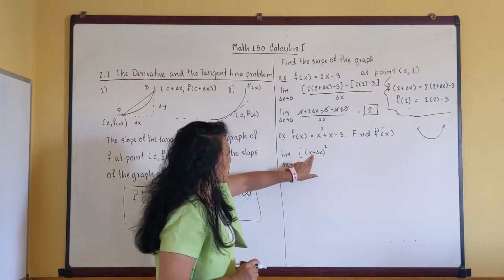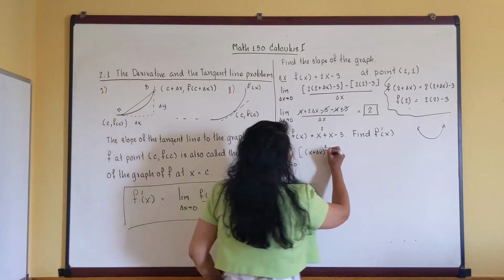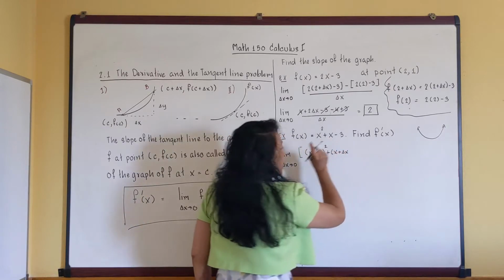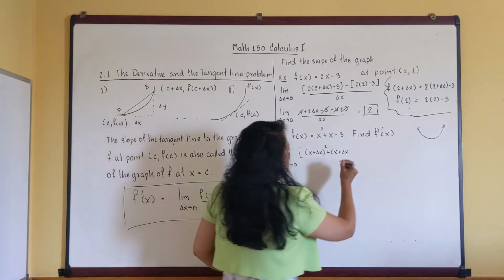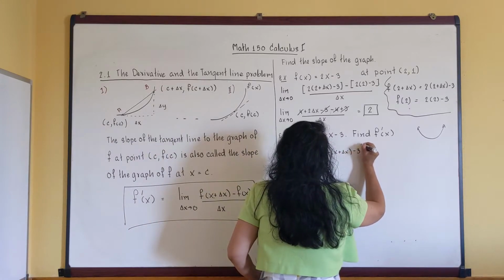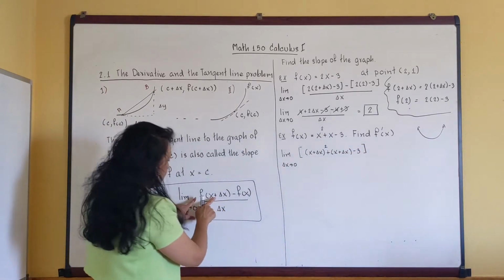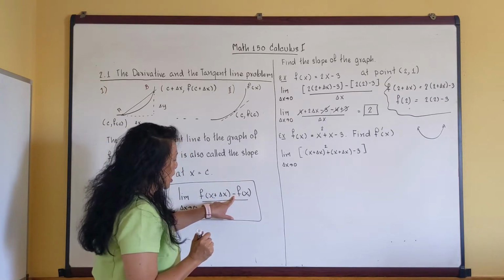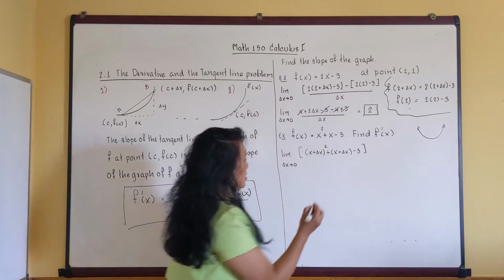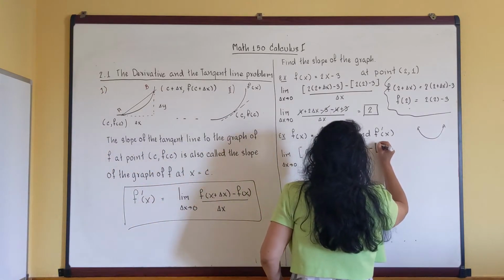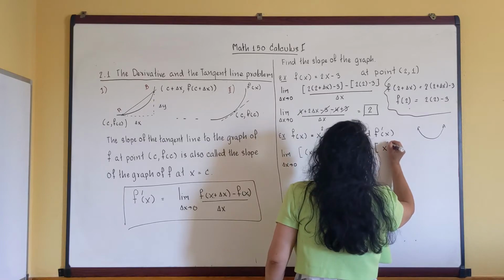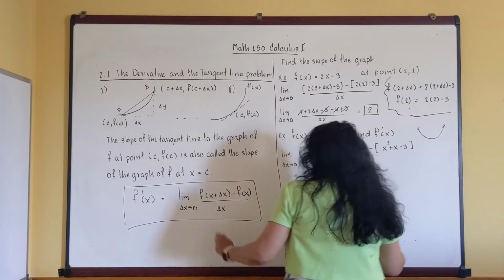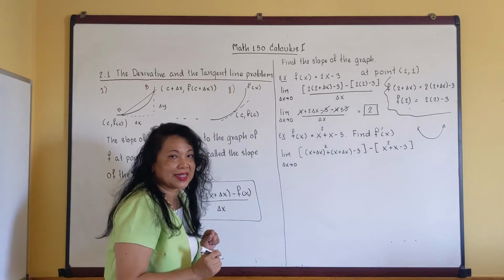So it's going to be x plus delta x squared plus x plus delta x, replacing x by x plus delta x, minus 3. This is just my first function over here. My second function is just minus f of x, which is this one. Divide by delta x.